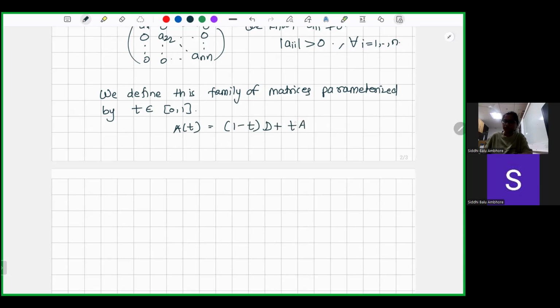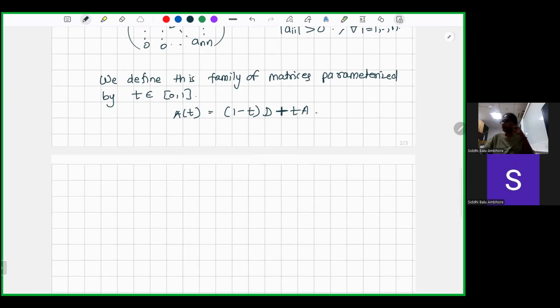This is a kind of path between D and A. At 0 the matrix is D, and it smoothly goes to A when t is 1. So this is a path in the space of matrices joining D to A: it starts at D and ends at A.